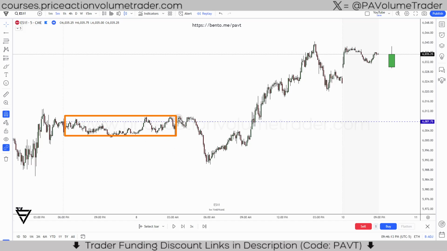London open at 3 a.m., we continued chopping, and then right here around 5 a.m. Eastern time we dip down, and then we start coming up. Then we start chopping again right at the highs of extended trading hours and the open.